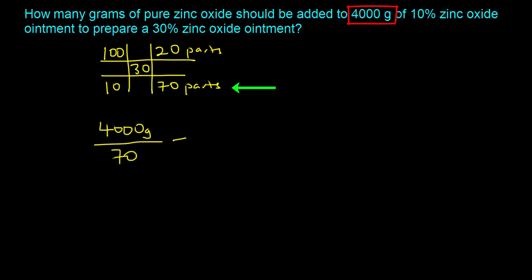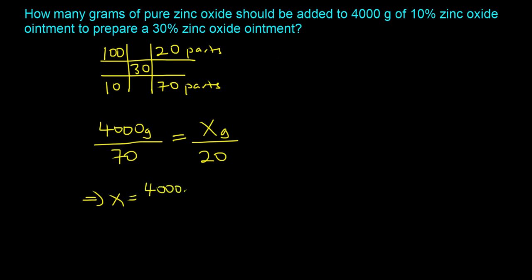And we will set that equal to some quantity in grams divided by the parts of the pure zinc oxide, which is 20. So we go ahead and solve for x.